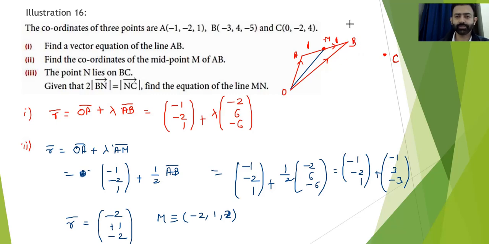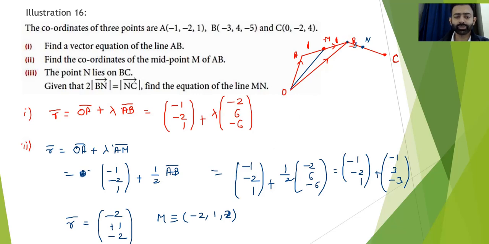So let us join this B with C, and there is a point N, right? So position vector of N is such that twice of BN is equal to NC. So this time NC is twice of BN, means distance of NC is twice of BN. So N will be lying towards C. Why? Because this NC is twice of BN.